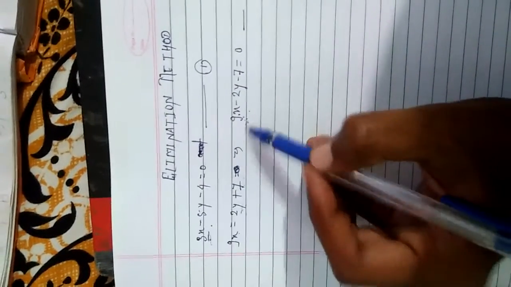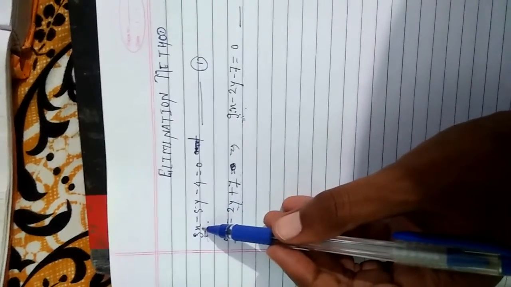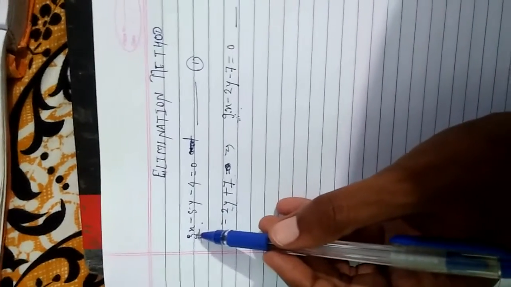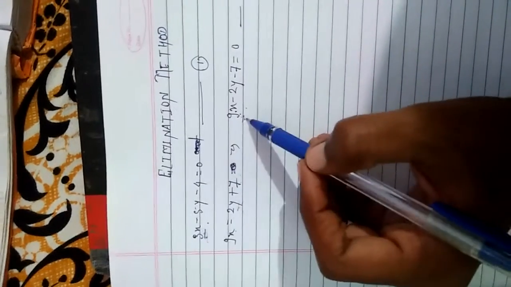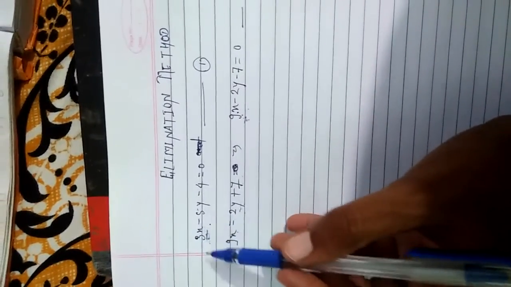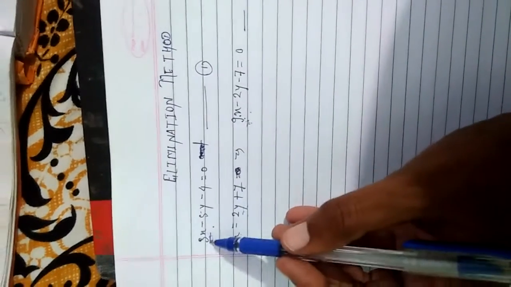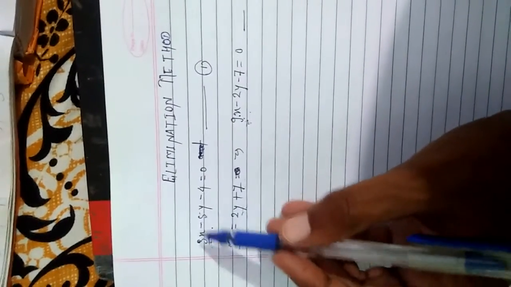So how to make them the same? Let's say this is 3x and I want to make it 9x, so both terms will be the same. How will 3x become 9x? When we multiply this equation by 3, then 3x will become 9x.